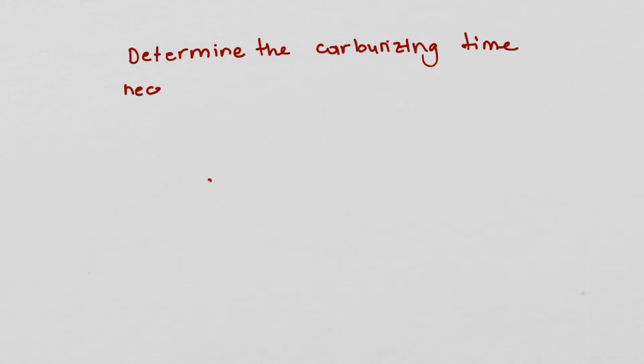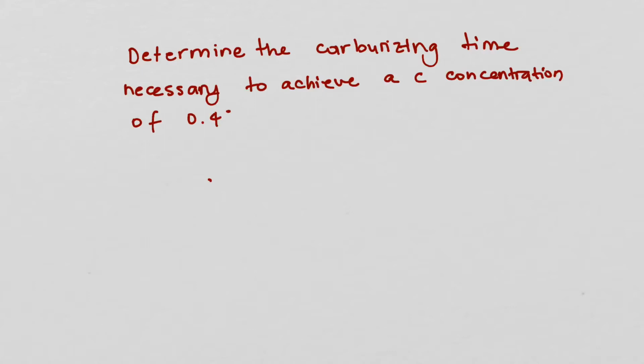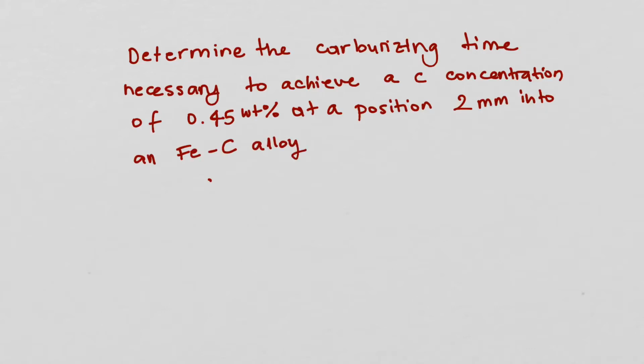Carburizing time necessary to achieve a carbon concentration of 0.45 weight percent at a position 2 millimeter into an iron carbon alloy that initially contains 0.2 weight percent of carbon.